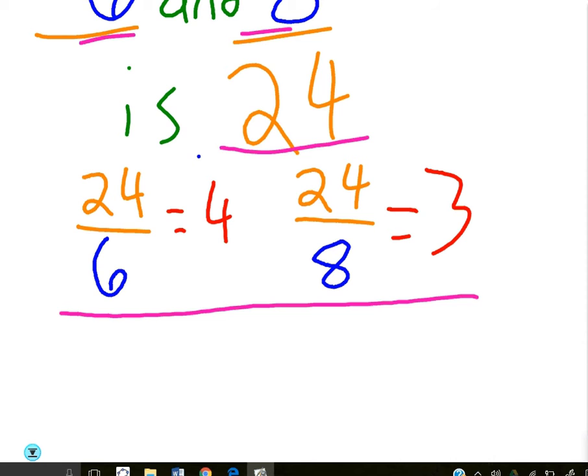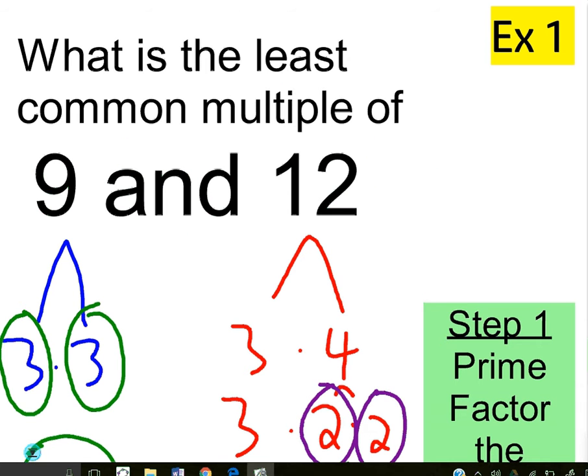Now I'm going to show you guys exactly how this plays out, okay? I'm going to teach you 3 steps that are going to give you the right answer every time. So let's look at 9 and 12. And yes, you need to write this down for sure, especially the steps.